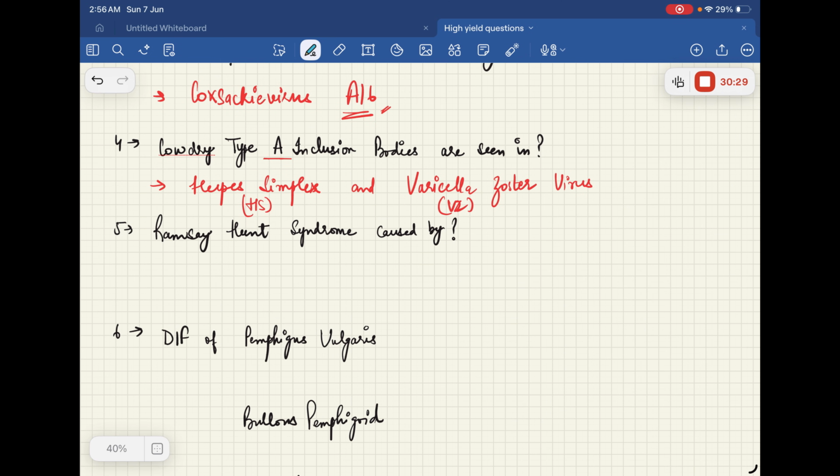Now, Ramsay Hunt syndrome. It can be caused by varicella zoster virus, plus involvement of cranial nerve 7, which is the facial nerve, in the geniculate ganglion.